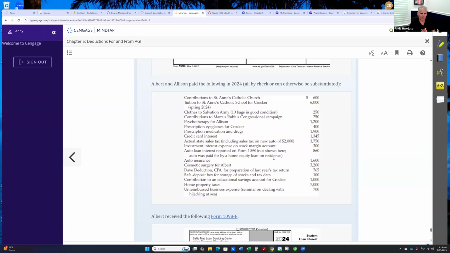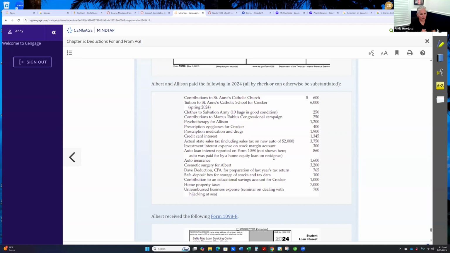In this example, they pulled the money to pay for an automobile. That does not qualify. The interest incurred on that loan, even though it's reported on the Form 1098, will not be deductible. So we can ignore the $860.